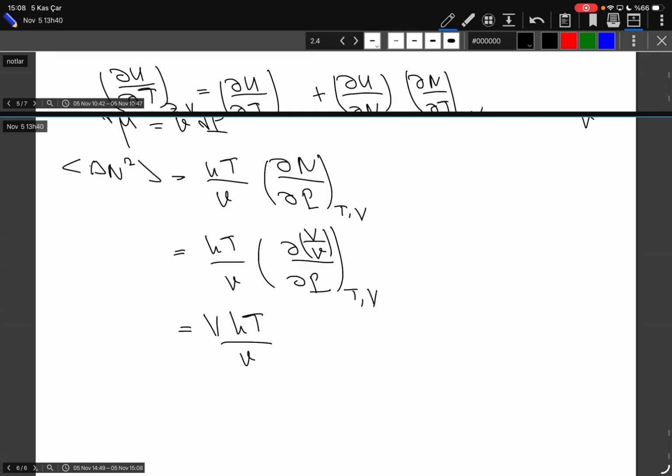What I'm left with is, if I take that derivative of 1 over v, derivative of v with respect to pressure multiplied by minus 1 over v squared.